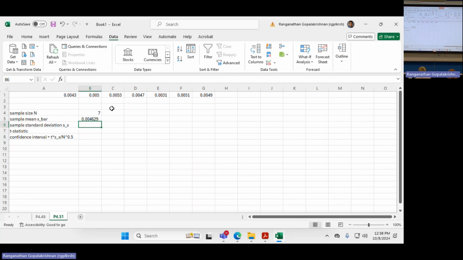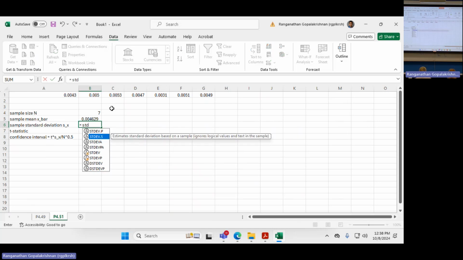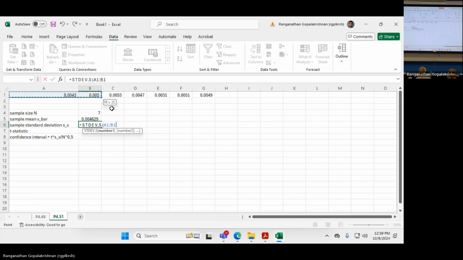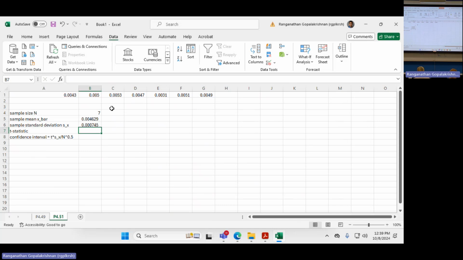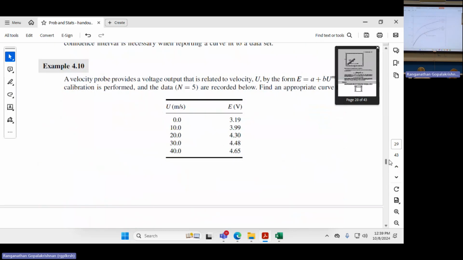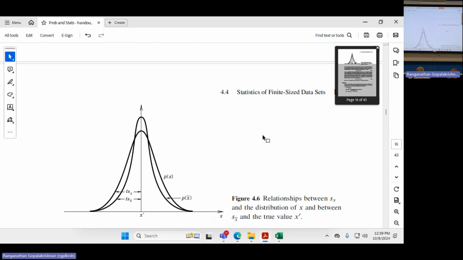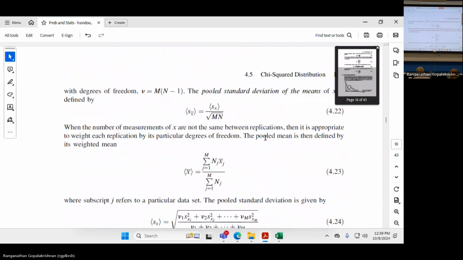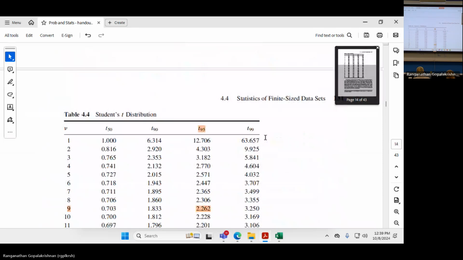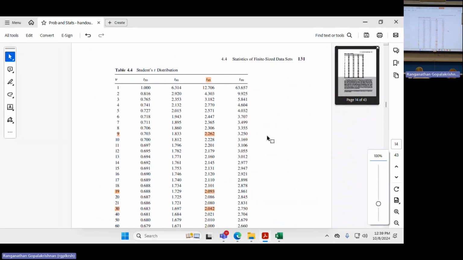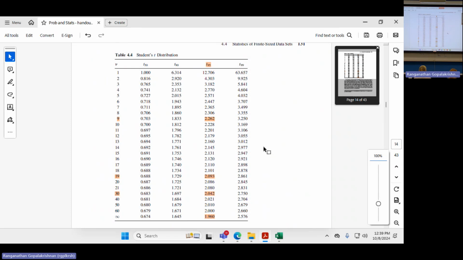That is the sample mean and then sample standard deviation. Now I'm going to bring up the t-statistic table, which you may also have on your laptop. I want you to look up and tell me the t-value while I keep quiet. So here is the table, 7 measurements and 95% confidence level. What is the t-statistic value you need to take from here?